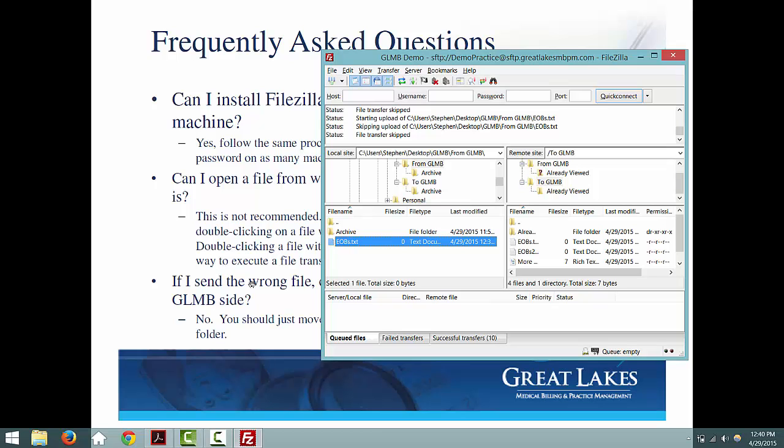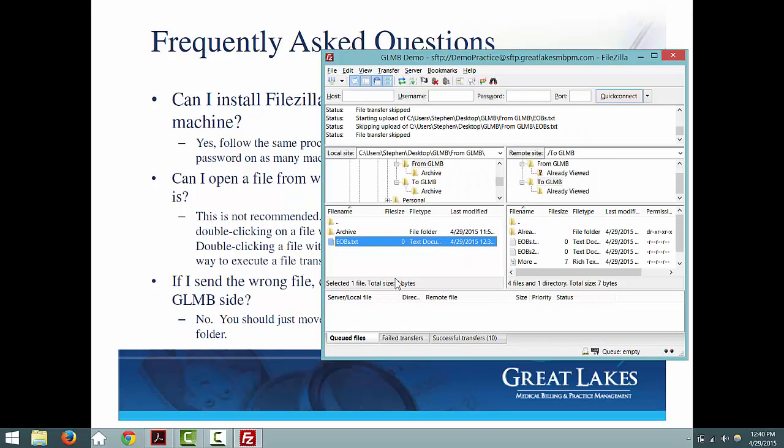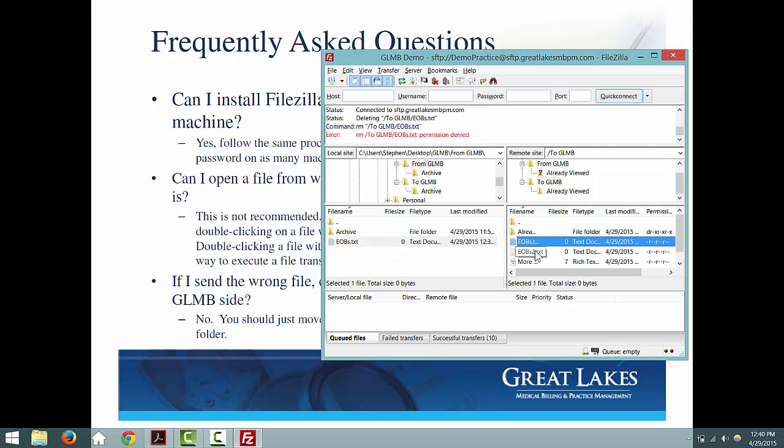The final question that we had: if I send the wrong file, can I delete it from the Great Lakes side? No. The simple answer to that is no. So for example, if in the sent to GLMB folder you sent the wrong one, or you already sent it last week, or whatever the case may be, if you try to delete it, you shouldn't be able to. Okay, on my test account here, yeah, permission denied.